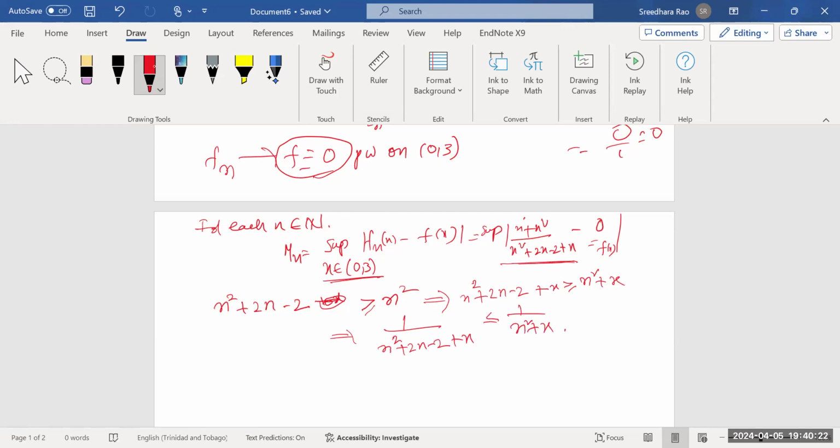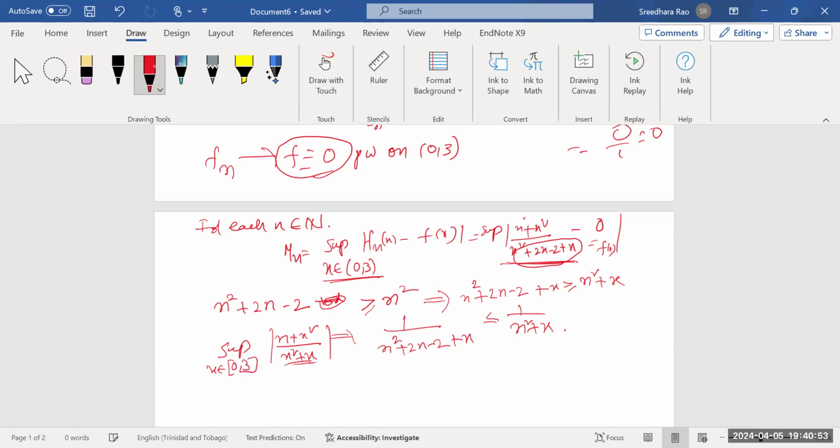Now I am replacing the denominator by n square plus x. So that is the supremum of modulus of n plus x square over n square plus x, where x belongs to 0 comma 3.